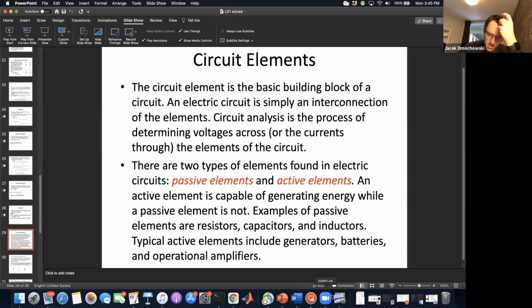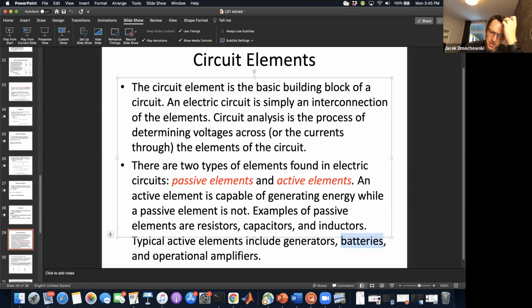On the other hand, an active element is something that can actually generate and inject electrical energy into the circuit. So something like a battery, right? It's a source of voltage. So anything that's a source is an active element.